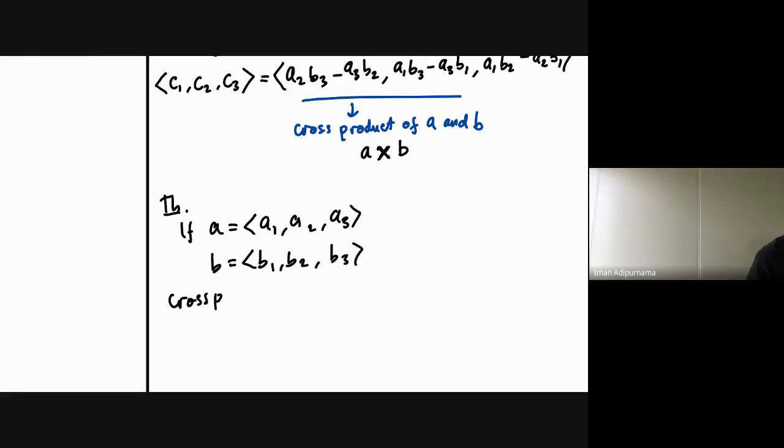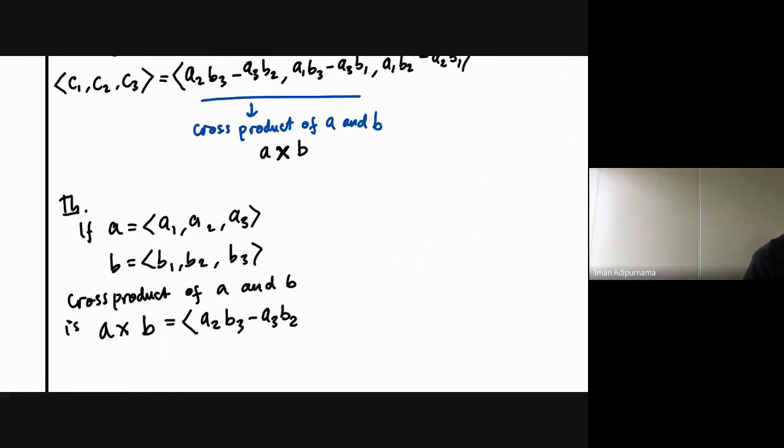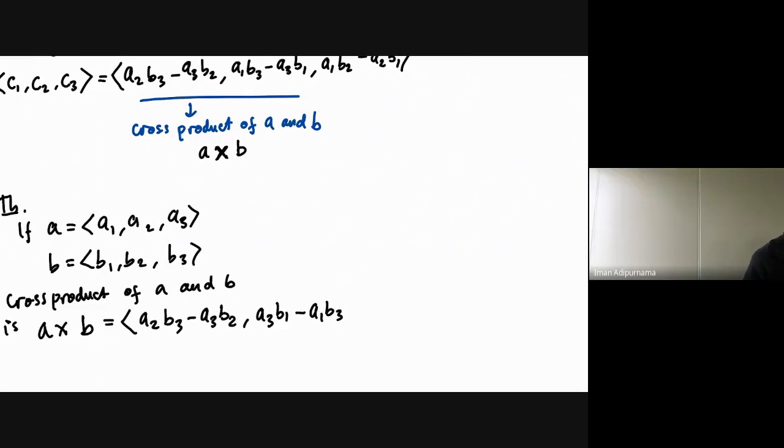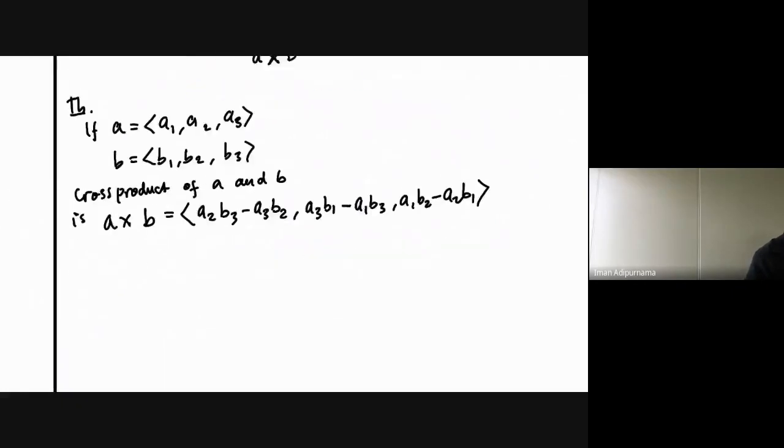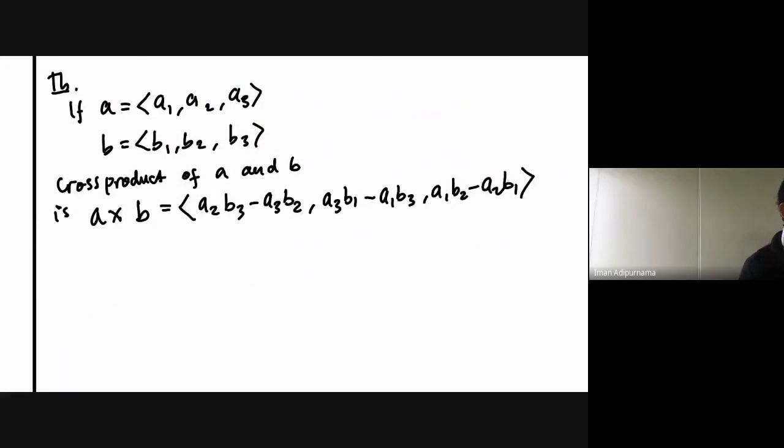So the cross product of A and B is... The result is a vector product, or the cross product.